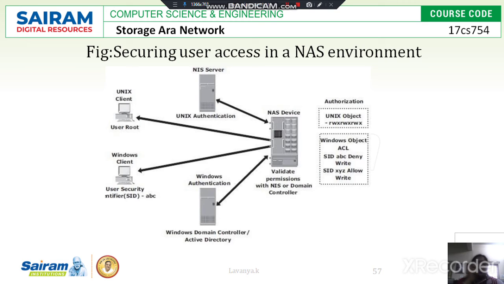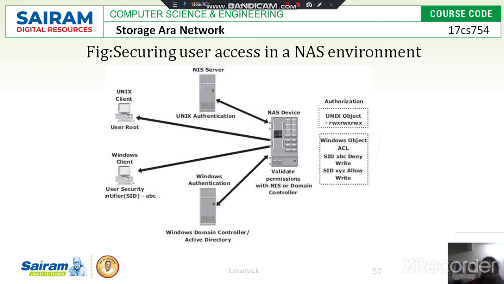This Windows domain controller holds all the Windows client login credentials. Once it provides the valid credential to that Windows client, the client can easily access the data inside the cloud. If not, it cannot access the data inside the storage infrastructure.